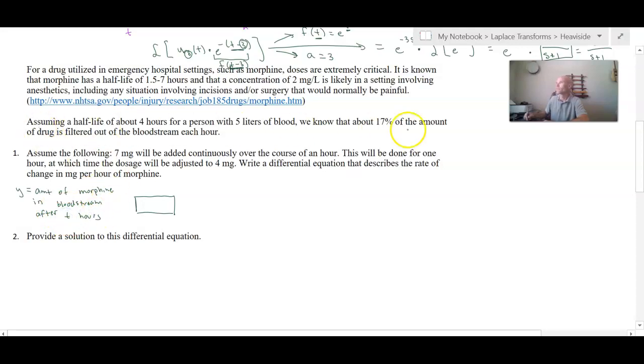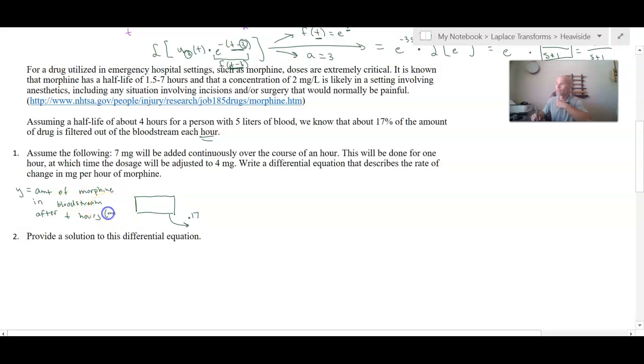Okay, and because we know that about 17% is filtered out each hour, that's probably the first thing that I'll start with. What in terms of morphine is exiting the body? Well, 17% of whatever is inside the body, in the bloodstream, which is Y. We didn't use units here. We should probably use units.